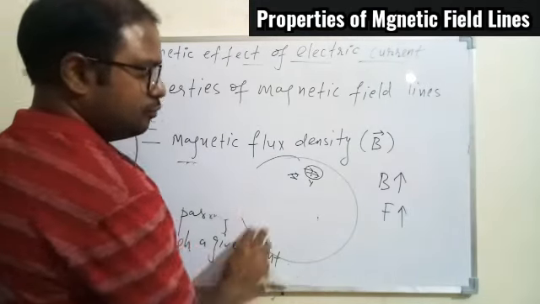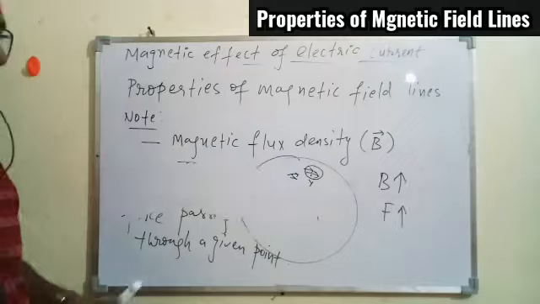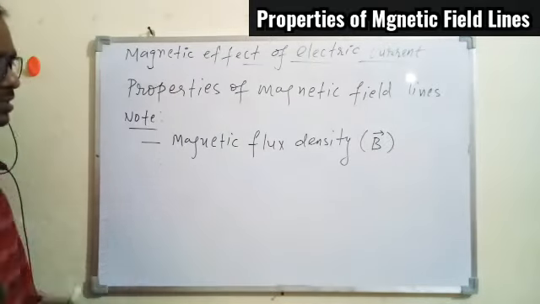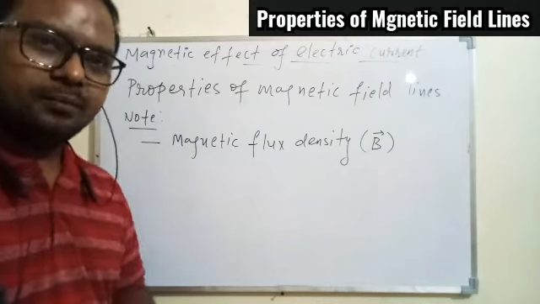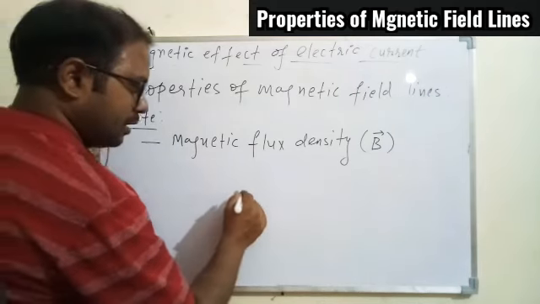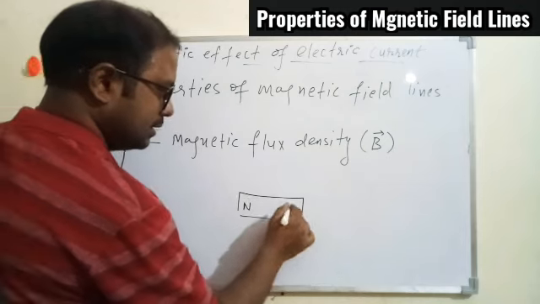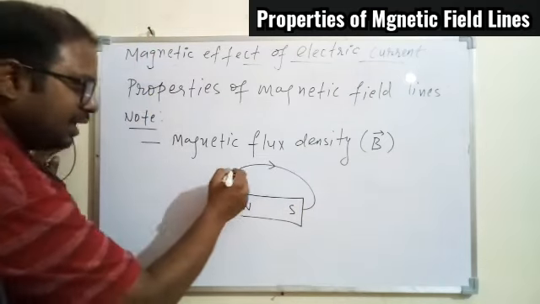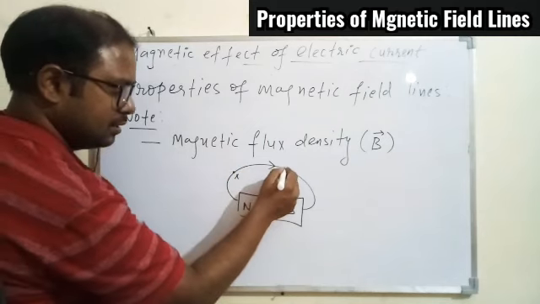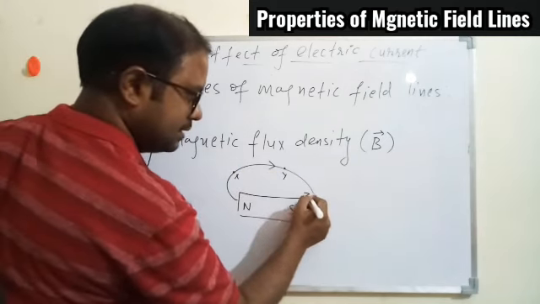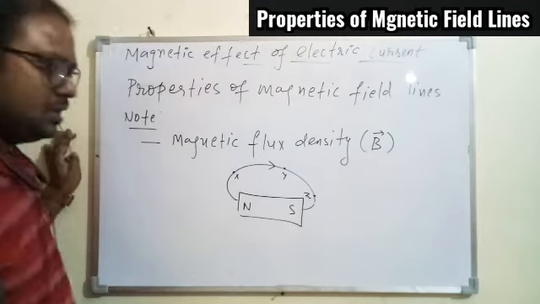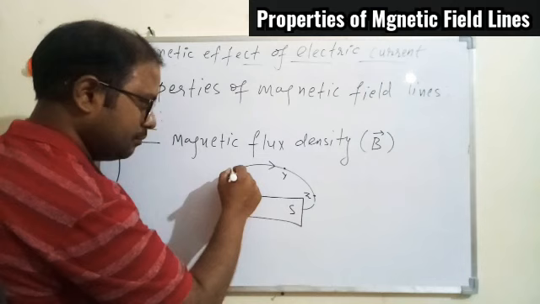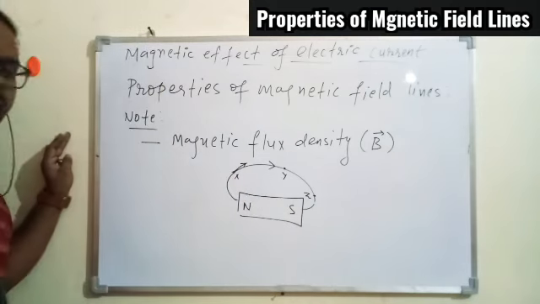One more thing is, since overall it is talking about the magnetic force and since it is a vector, magnetic flux density will have a particular direction at any point. So in general, if we have a magnet and a magnetic field line, and three different points x, y, z are taken, at every point the magnetic force will have a different direction, and that will be tangential.